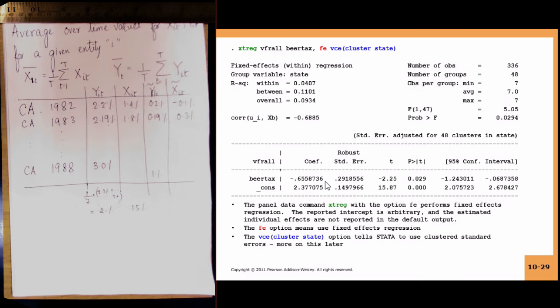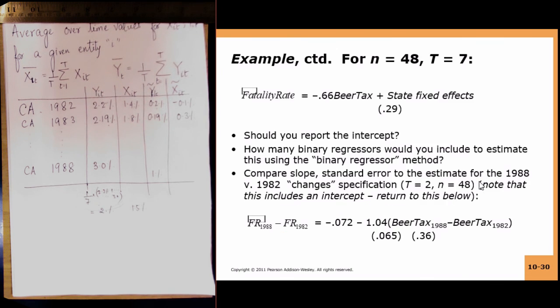So what we expected, that as beer taxes went up, your fatality rate would go down, is what we are seeing, and it is statistically significant at the 95% confidence level, for n equals 48, t equals 7.